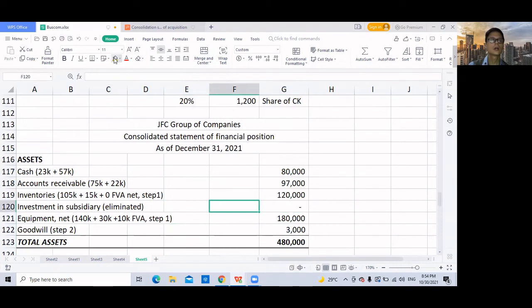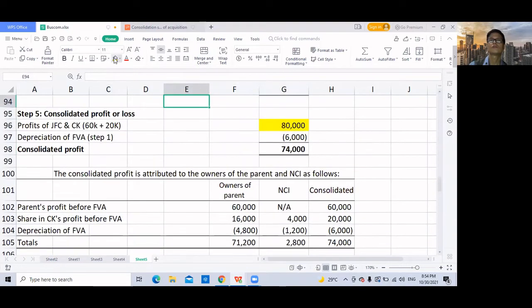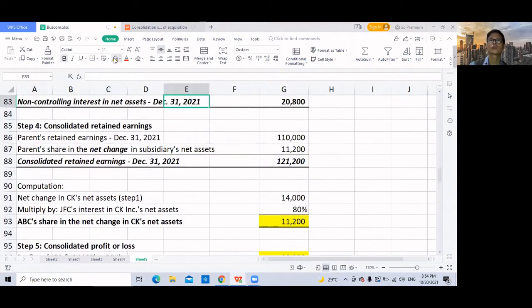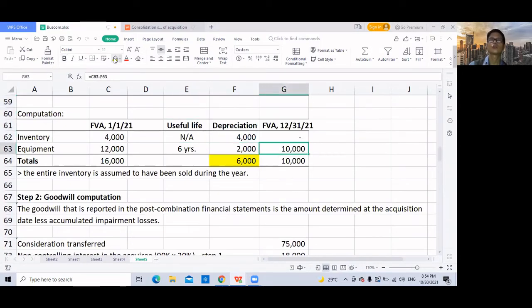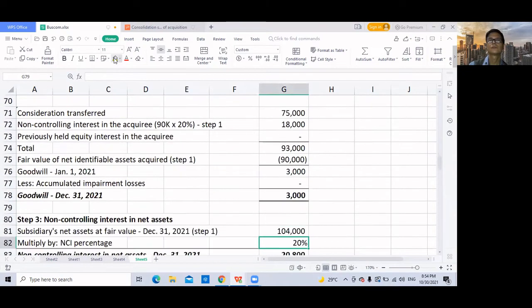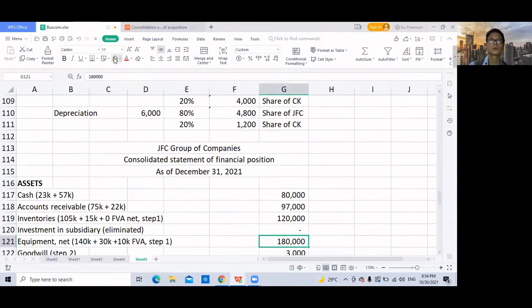So, the equipment: we have 140,000 for the parent, 30,000 for the subsidiary, and the 10,000 fair value increase. That's as of December 31.